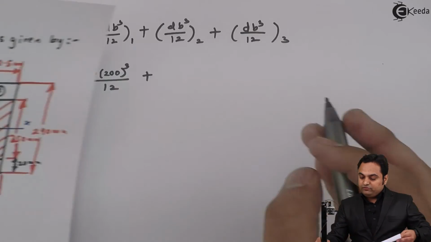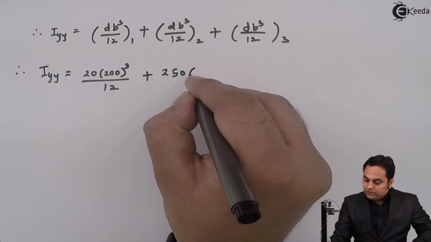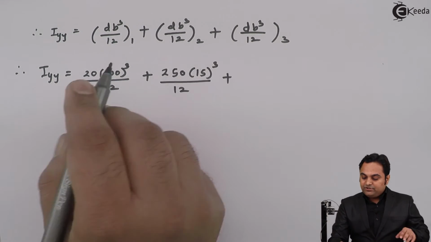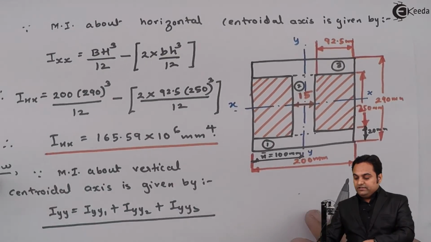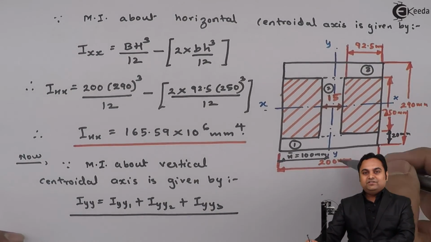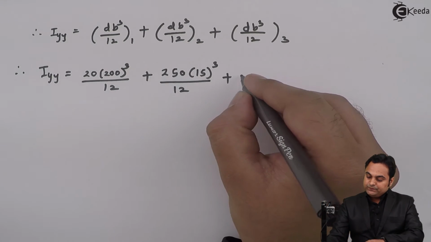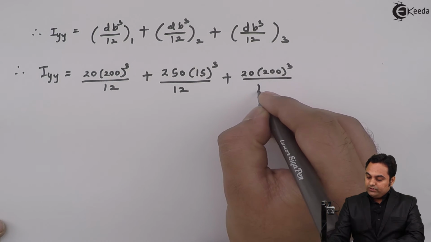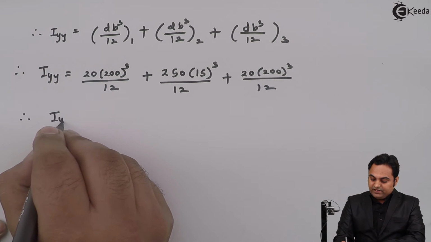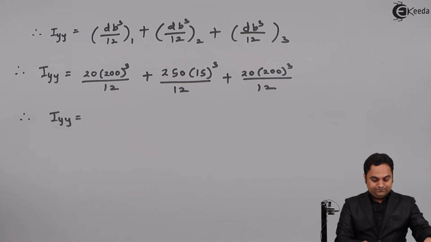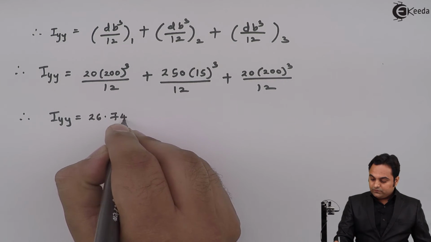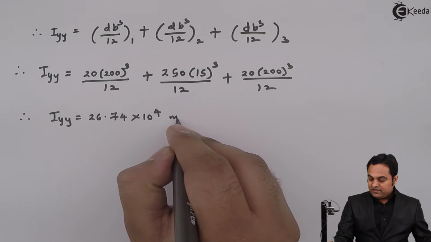So db cube by 12, 250 into 15 cube by 12, and as the dimensions of first and third, that is bottom and top flange, are same, so here I'll write the same values. 20 into 200 cube divided by 12. So hence my answer of Iyy comes out to be 26.74 into 10 raised to 6 mm raised to 4.